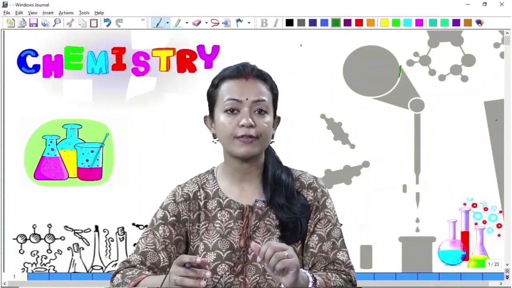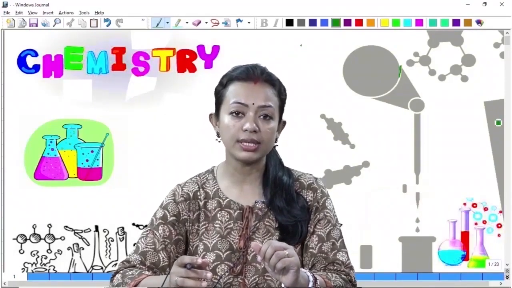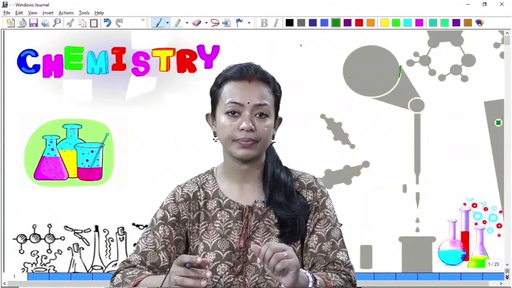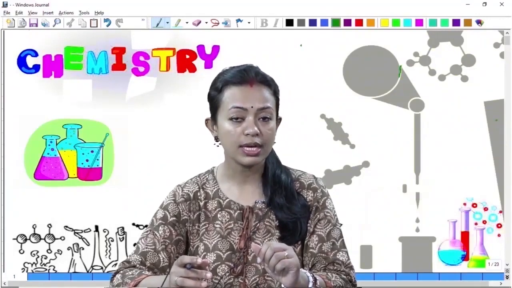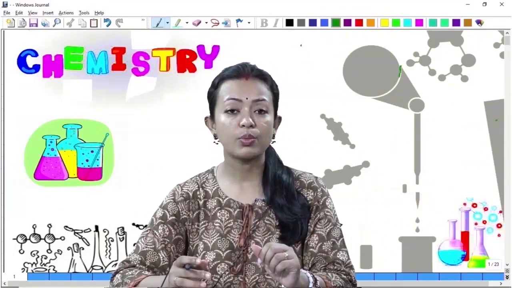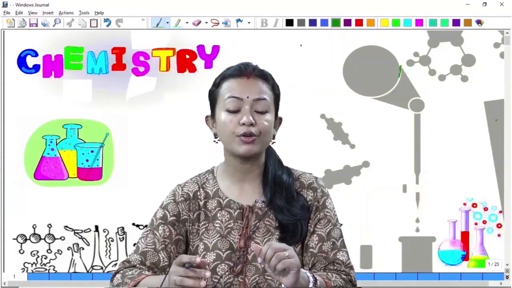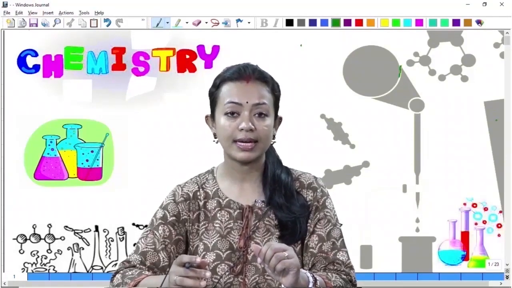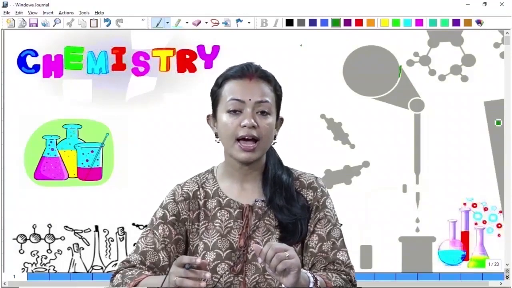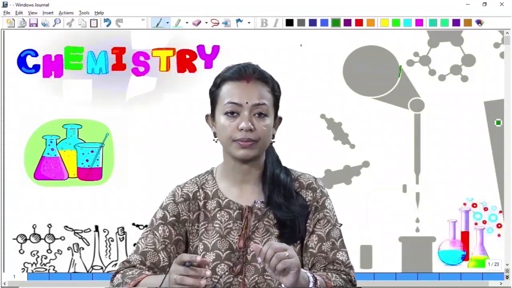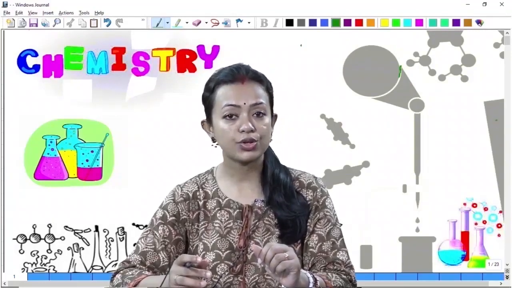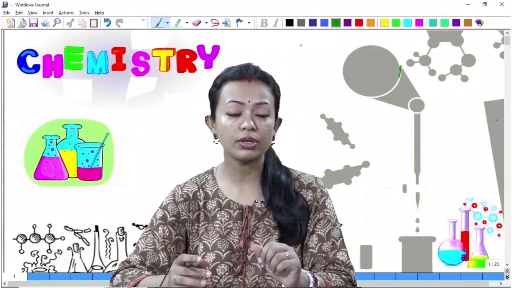We basically have two types of mixtures, homogeneous and heterogeneous. Homogeneous mixtures are those in which the composition is uniformly distributed, whereas heterogeneous mixtures have non-uniform composition.